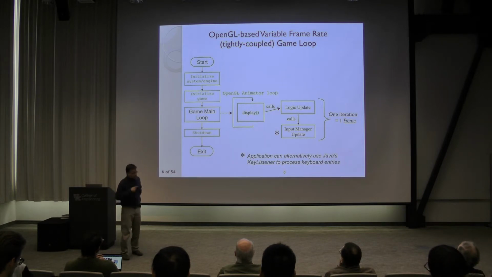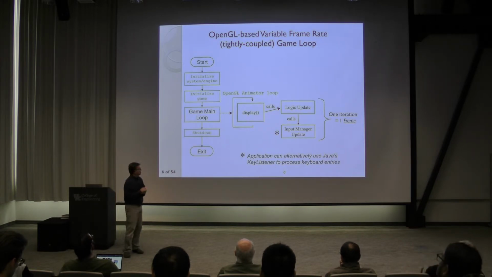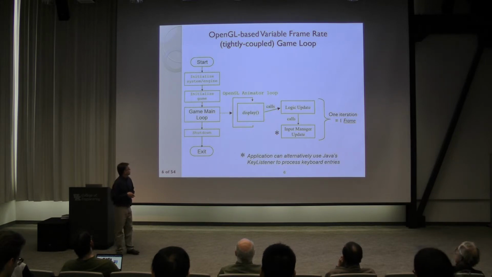And in that animator loop in OpenGL, you're allowed to do whatever you want, write whatever code you want. And so in our simple game engine, we're going to take that display function that OpenGL wants you to write, and we're going to call functions to do the logic update and grab the inputs and process those. Still a tightly coupled game.